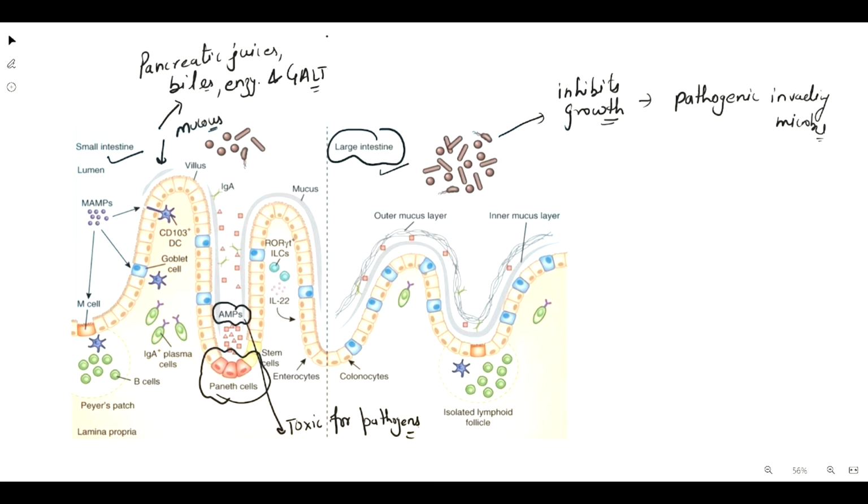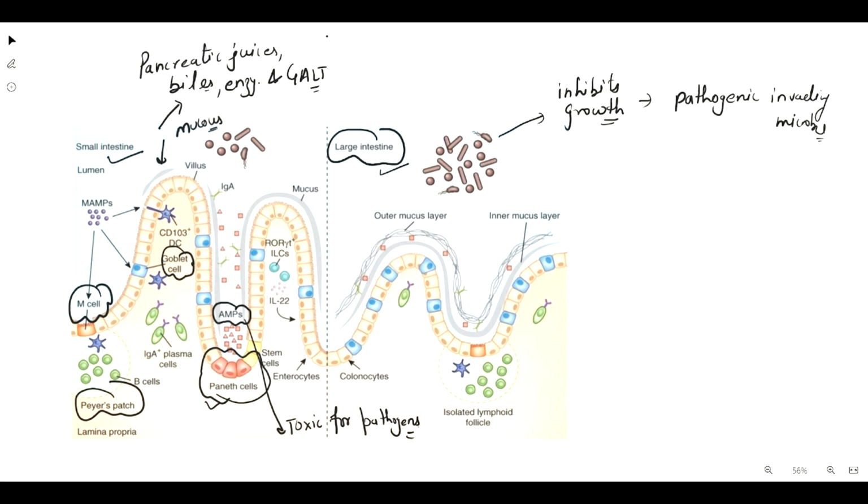right? Apart from the Paneth cells, there are other types of specialized cells which actually help in the disintegration of the pathogenic microbes, such as M cells, which we already discussed in the mucous membrane chapter, right? Apart from that, there are goblet cells, right? And then there are certain types of Peyer's patches, right?